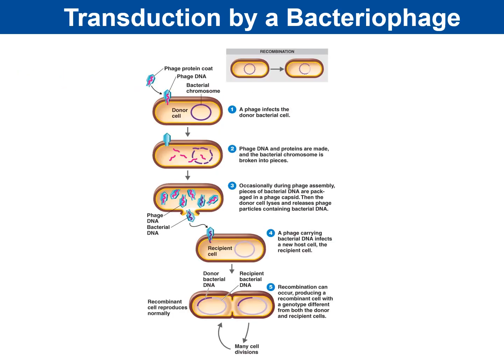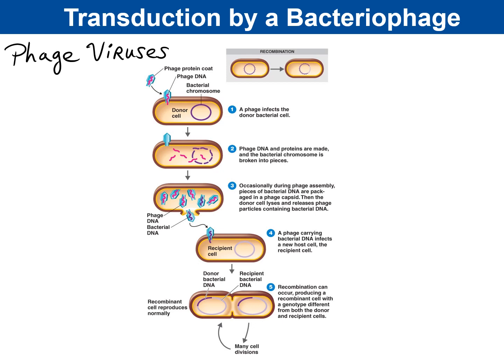A third type of horizontal gene transfer is transduction. And transduction is carried out by bacteriophages. Bacteriophage are oftentimes simply referred to as phage or phage viruses. And these viruses are known to specifically attach to bacteria.